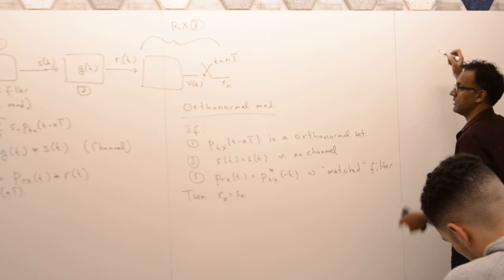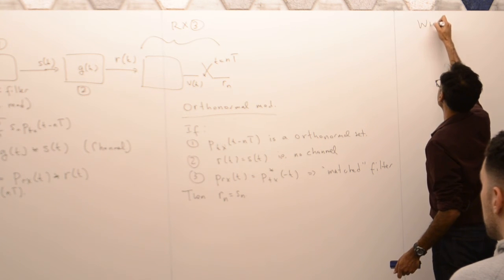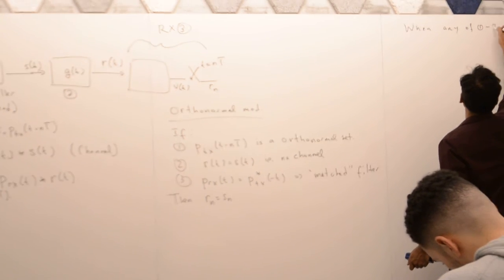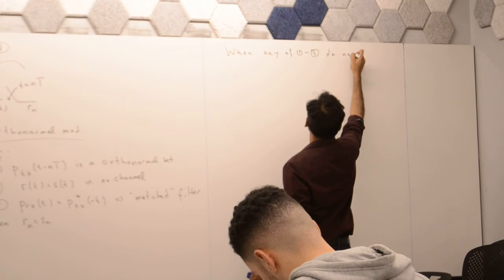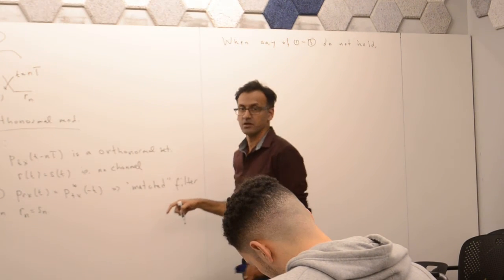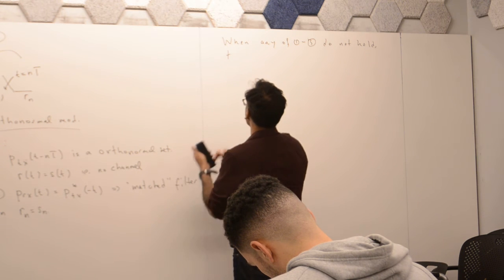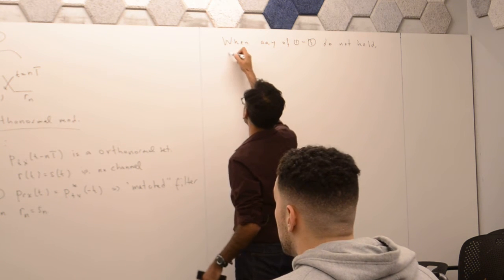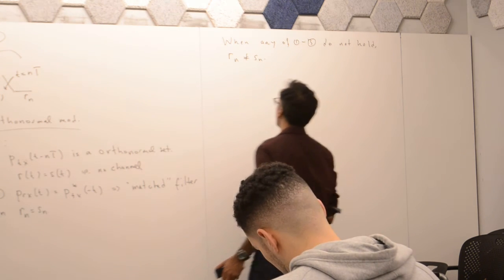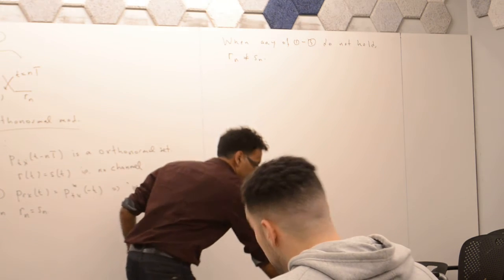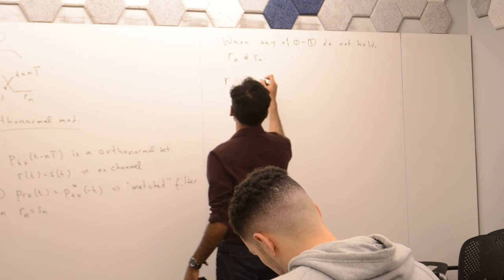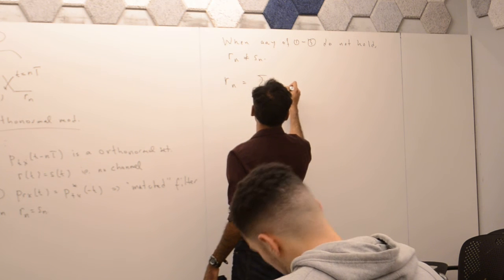That's an excellent question. So when any of 1 to 3 do not hold, this doesn't occur. R of n is not equal to S of n. In this case, you have R of n equal to the sum over an impulse response.